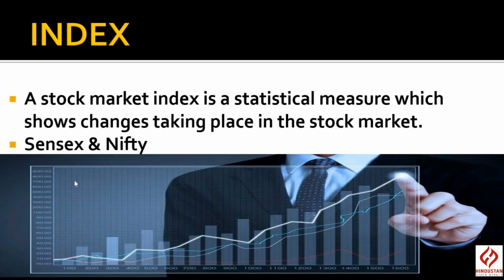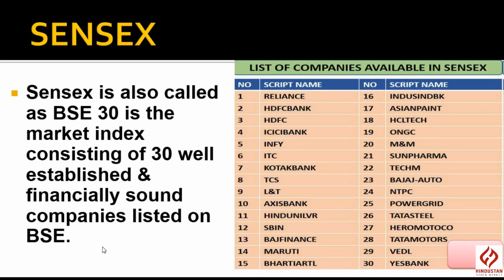So let's understand Sensex and Nifty better. Sensex, which is also called BSE 30, is the market index consisting of 30 well-established and financially sound companies listed on the Bombay Stock Exchange. So basically it consists of 30 companies, and if the stocks of the majority of these 30 companies are doing well and going higher, then Sensex will also go high.